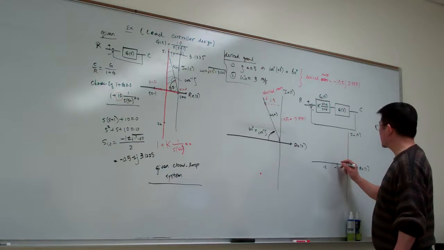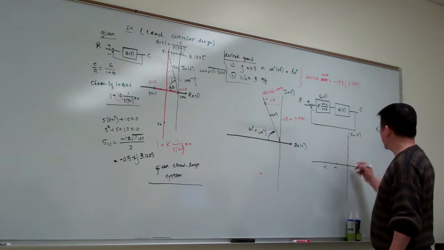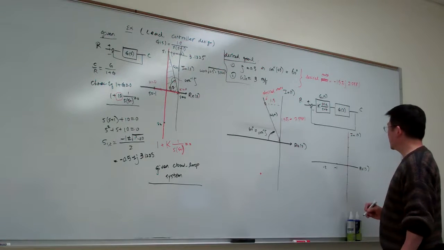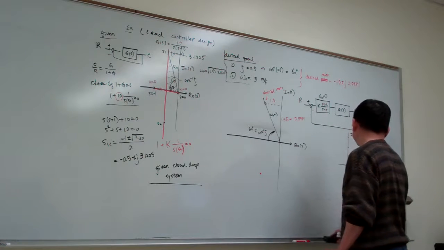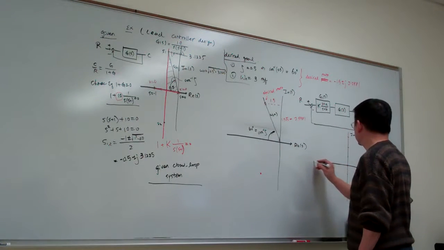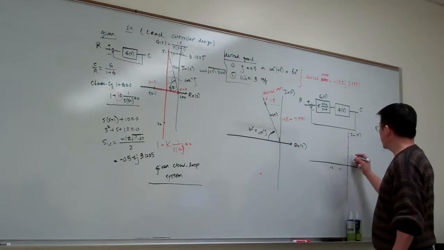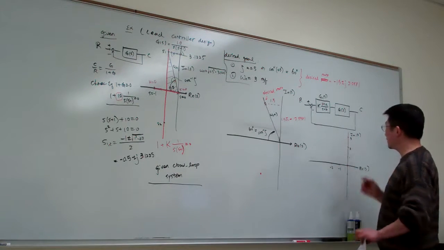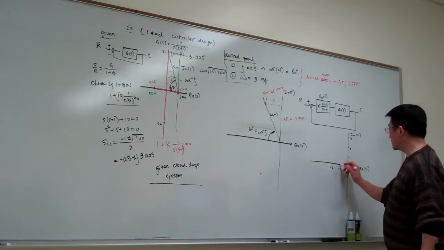Let me kind of do the scale. And 1, 2, 3, 1, 2, 3. Minus 1, minus 2, and 1, 2, 3. Okay, something like this. So for the given system, I use the red color.